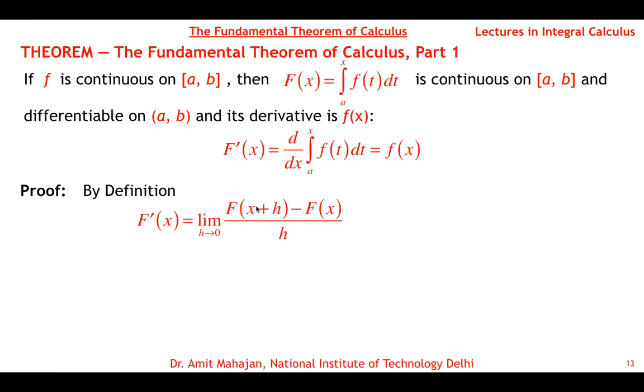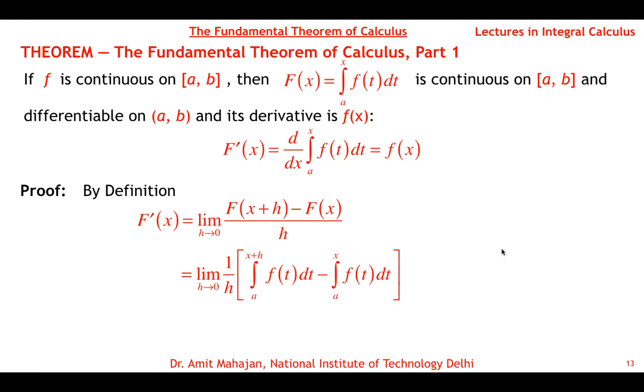So it will be the limit as h tends to 0 of 1/h times the integral from a to x plus h of f(t) dt minus the integral from a to x of f(t) dt. The difference of these integrals will be nothing but the integral from x to x plus h.